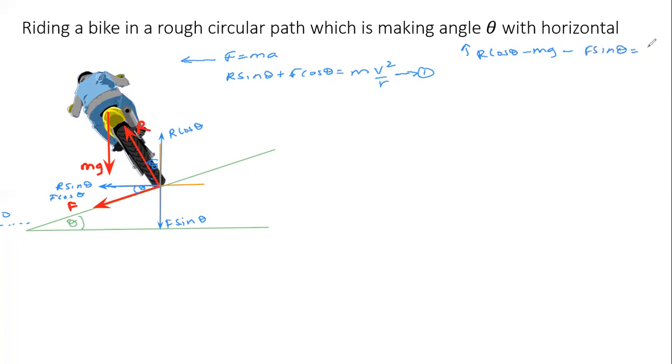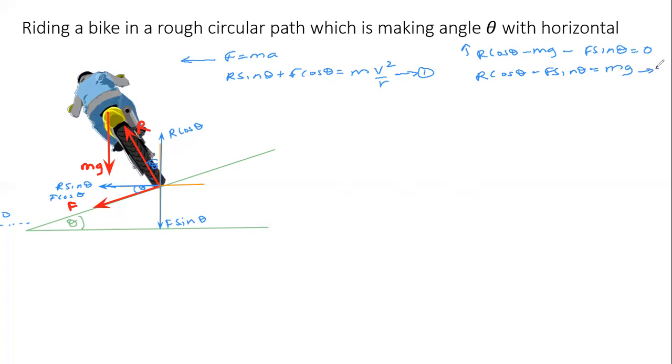Since it's in equilibrium, the net force should be equal to 0. According to Newton's first law, the net force in the vertical direction should be 0. Therefore, R cos theta minus f sin theta equals mg.